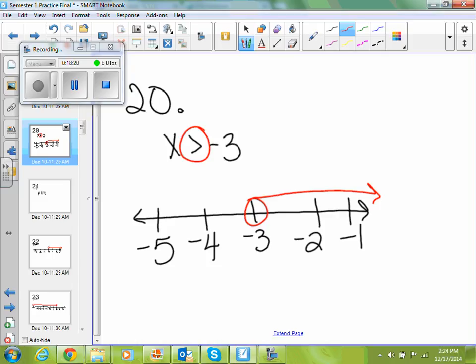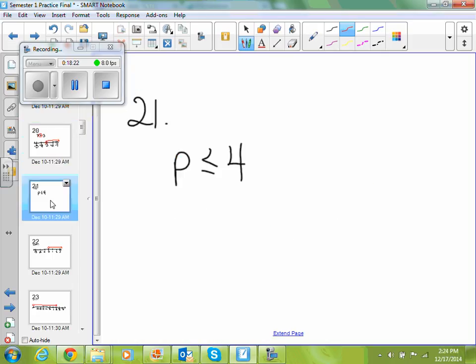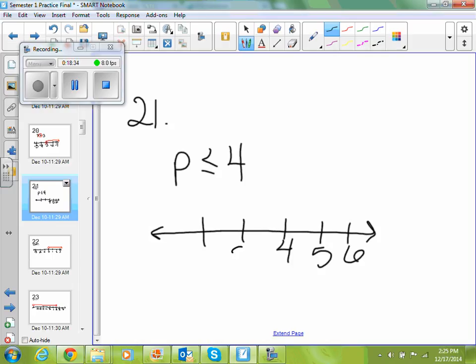That's cool. Okay. Number 21. P is less than or equal to 4. So 4 goes in the middle. So then 5 and 6 go on one side, 3 and 2 on the other side. And what inequality symbol is that?